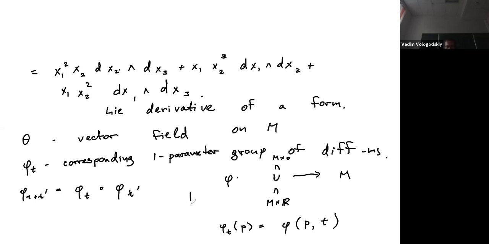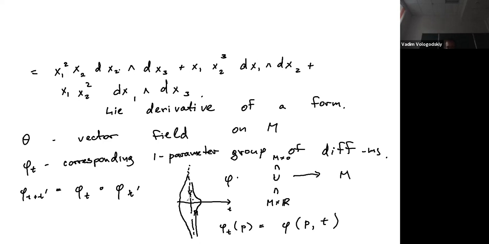So the picture could be the following. If this is t and this is M, then this map can be defined on an open subset bounded by a curve, which is on my picture. So this curve approaches the axis t equals 0 when the point P on M goes to infinity.